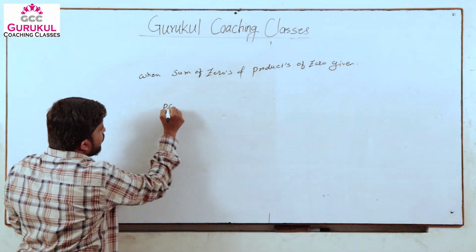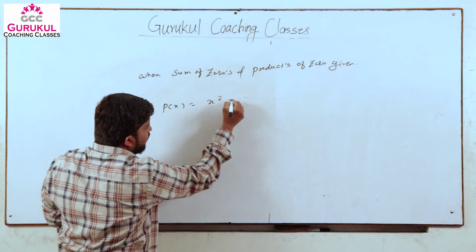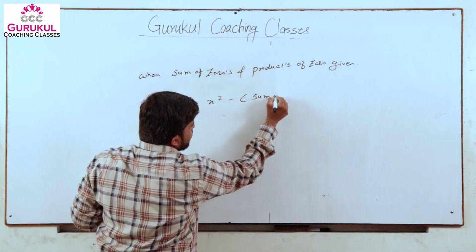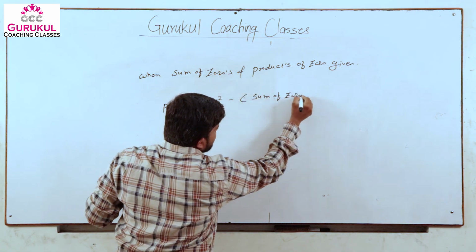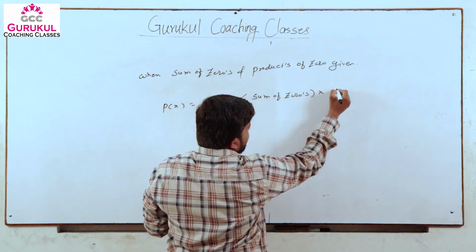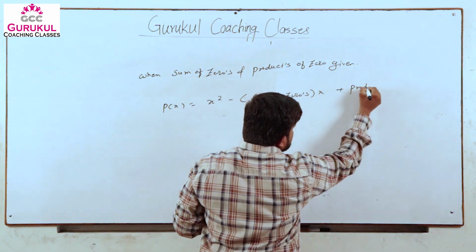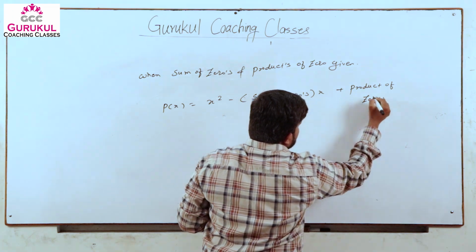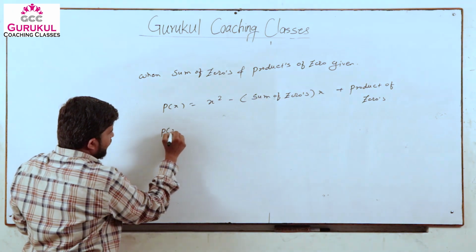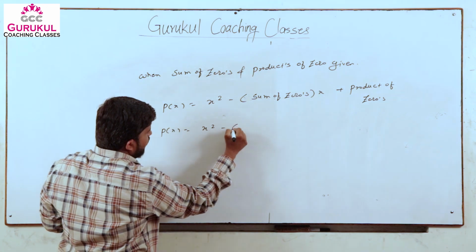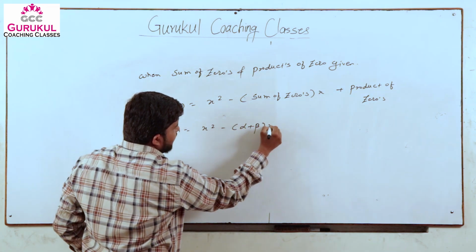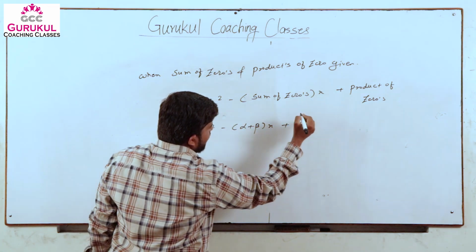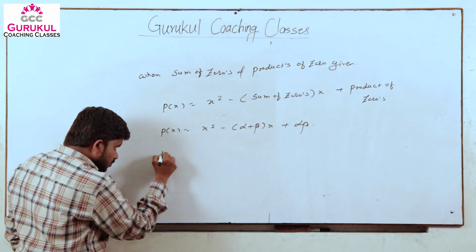The formula is P of x is equal to x square minus sum of zeros into x plus product of zeros. So P of x is equal to x square minus alpha plus beta x plus alpha into beta.